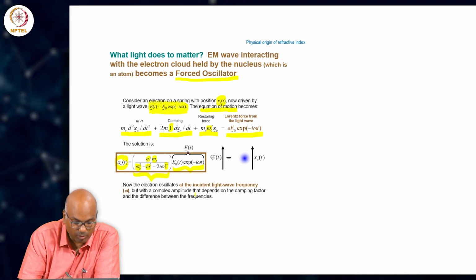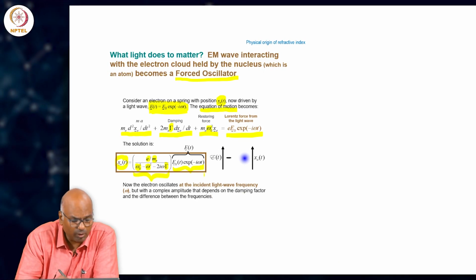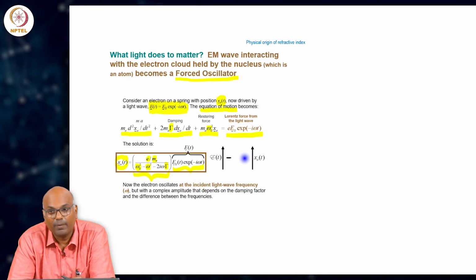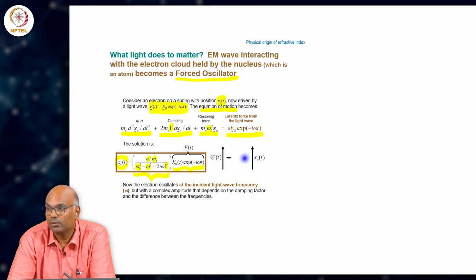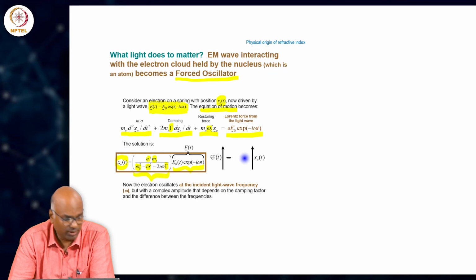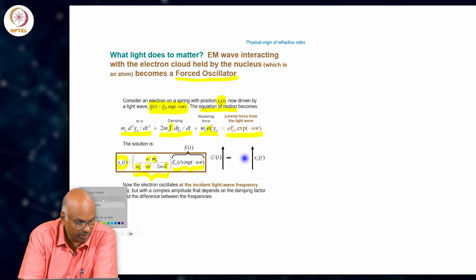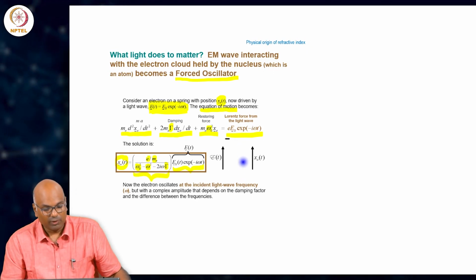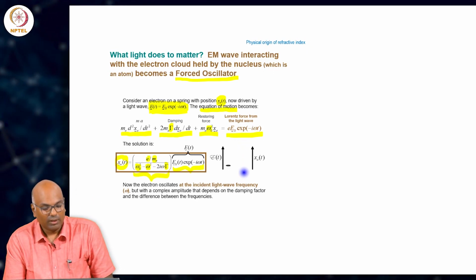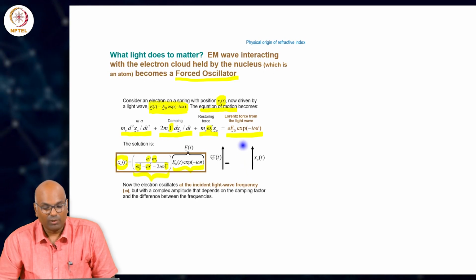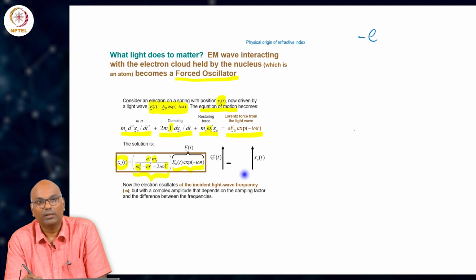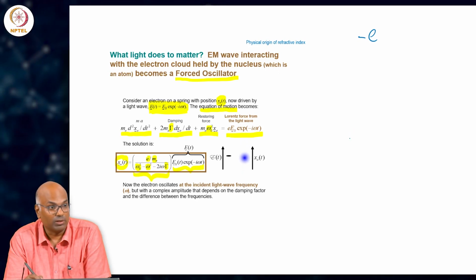Now, the electron oscillates among all this at the frequency of the incident wave. Okay. Now, does that ring a bell in our minds? I am going to jump a couple of notches, but show you this animation, that since the charge of the electron is not plus, but minus e, e being the elementary charge, it is a fundamental constant.